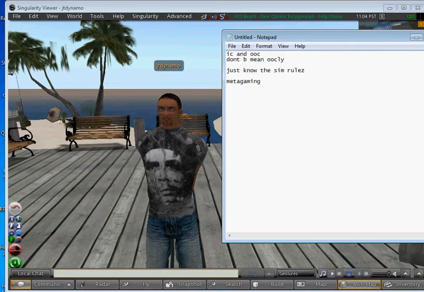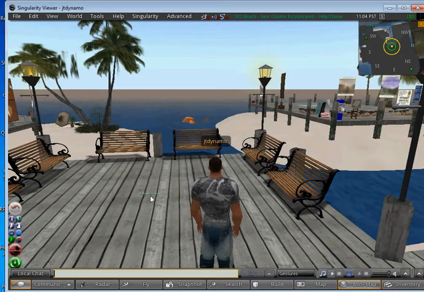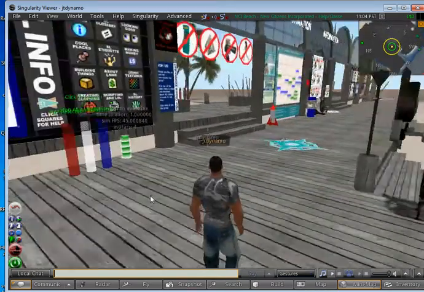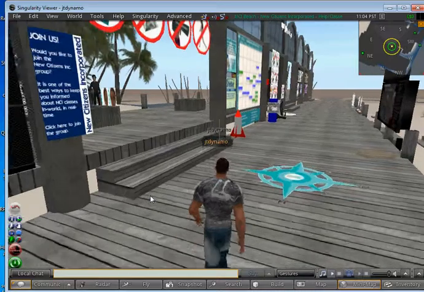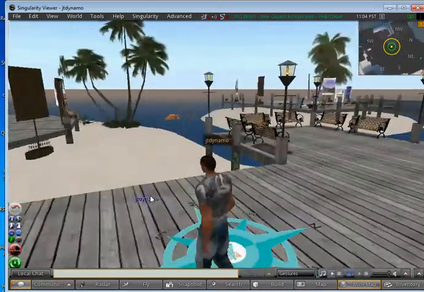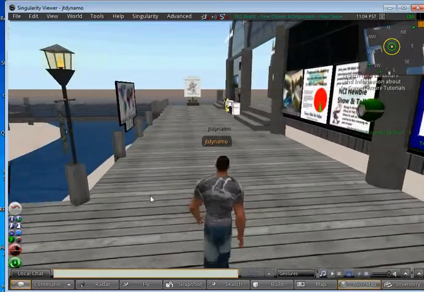Now, power gaming. When you RP, a lot of it is based on your imagination, and when you do that, you have to play fair. Okay, you don't make your character stronger than they should be.